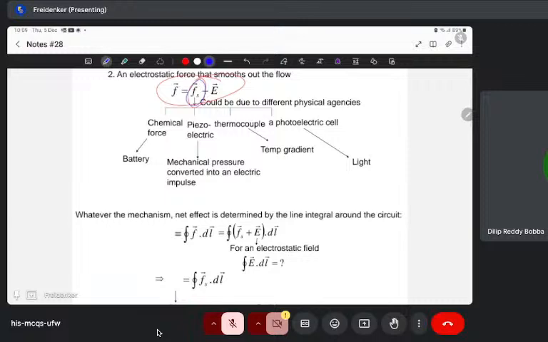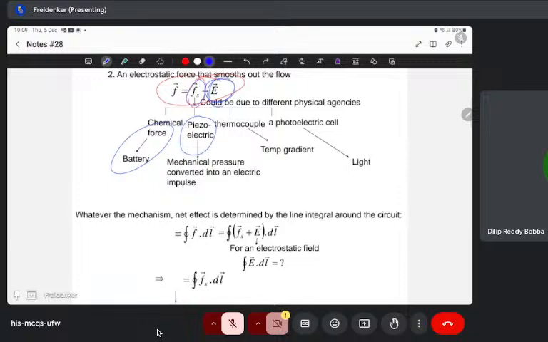Yeah, a battery is a chemical force. You can Google this. It's given here: mechanical pressure converted to electrical. That is also right. You have multiple ways of generating electricity. Basically, if you have a potential difference, then you can generate electricity.